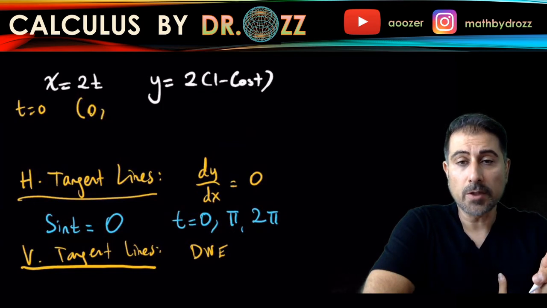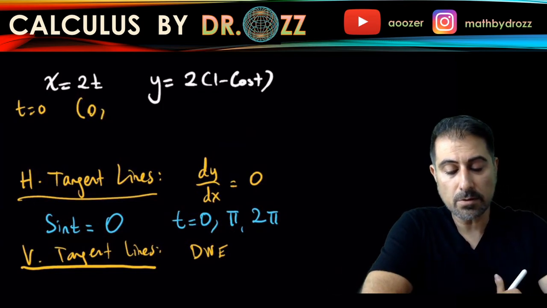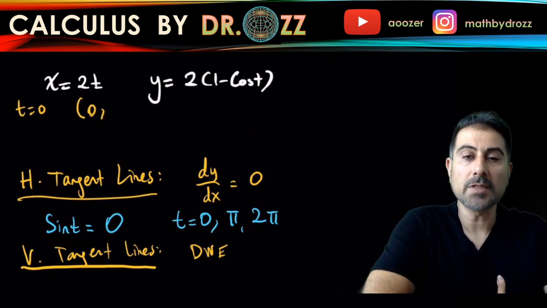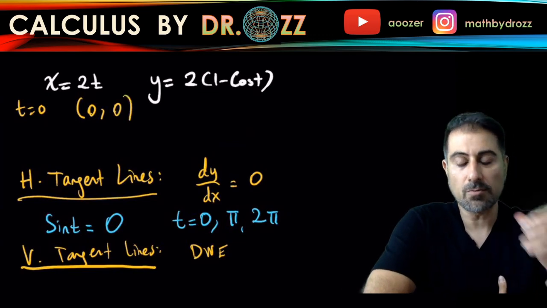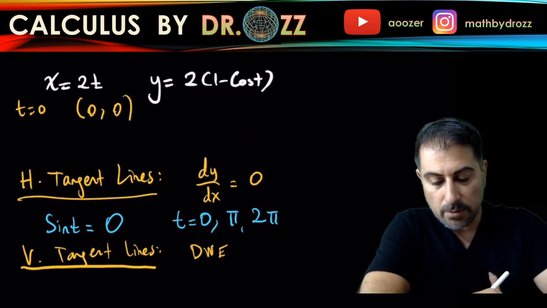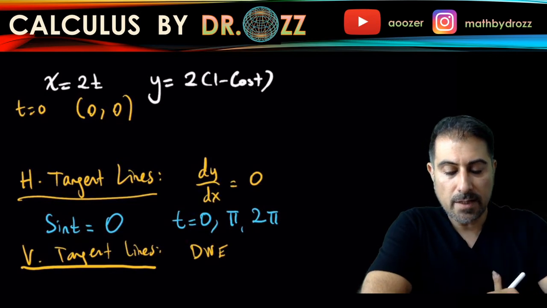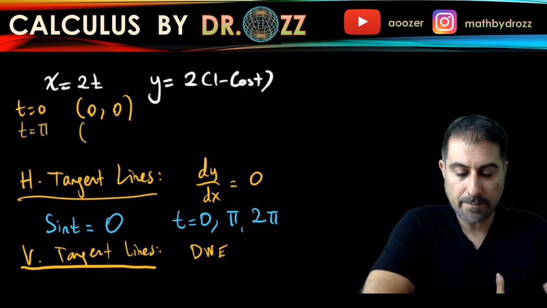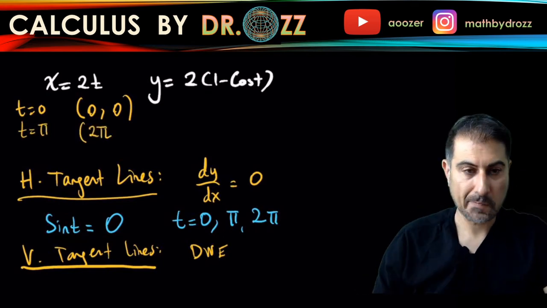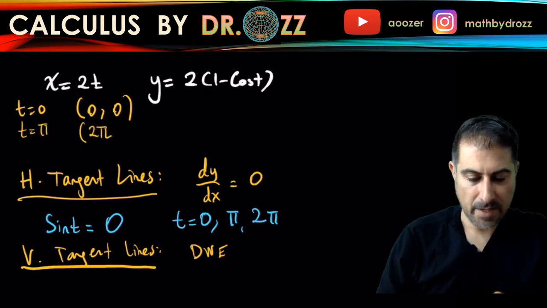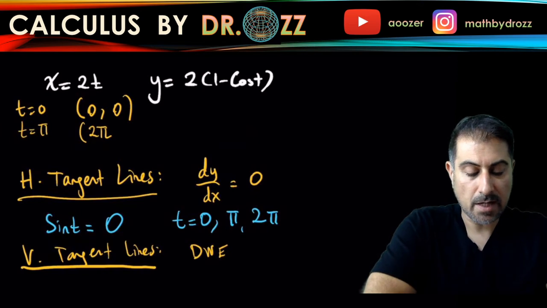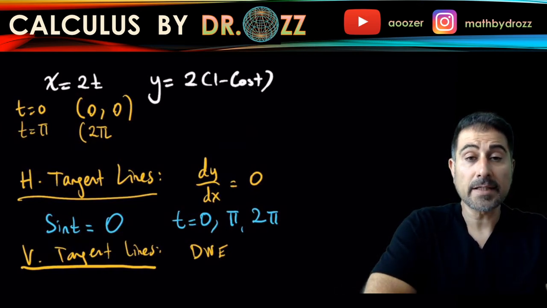Punch this into your calculator and get 0, because cosine 0 is 1 and 1 minus 1 is 0. For t equals pi, we have x equals 2 pi, and y equals 2 times (1 minus cosine pi). Cosine pi is negative 1, 1 minus negative 1 is 2, so this should be 4.